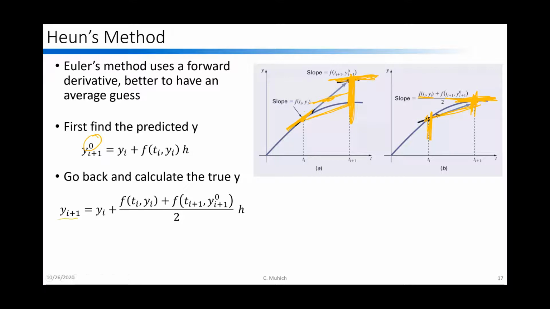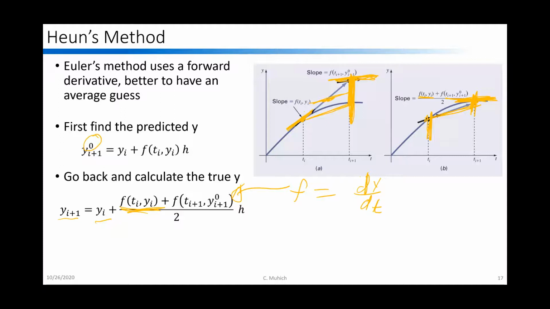So in this case, we have y_{i+1} = y_i + [f(t_i, y_i) + f(t_{i+1}, y_{i+1}^0)]/2 times h. Remember, these f's are equal to my dy/dt. That f is my differential equation form.